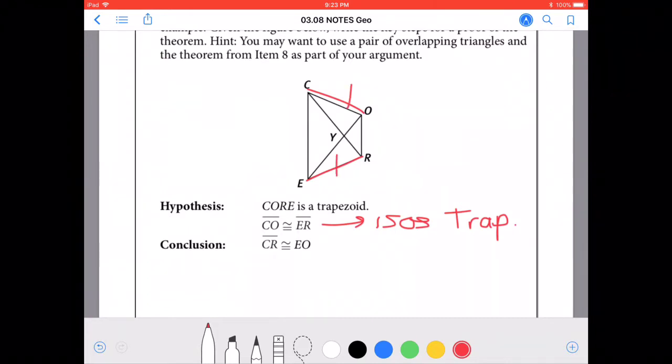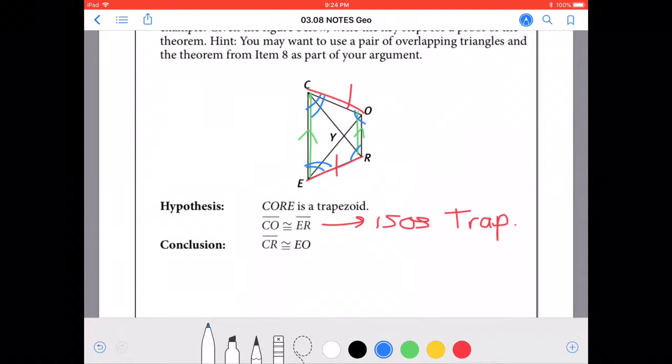So we have to use some other properties of the trapezoid that we've already proven or that we know already. Because it's a trapezoid, we know our two bases are parallel. So if we look at this, we might have to use that. We also know that our base angles are congruent to each other, so we can add in these as well.